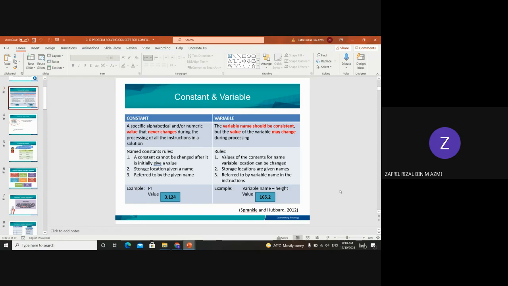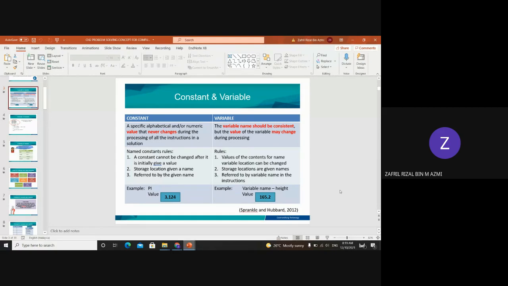Of course, when we say storage, if we refer to the hardware part, in a computer, name me one storage device. SSD, hard disk. That one is hardware. And then we have RAM, that one is also for storage.